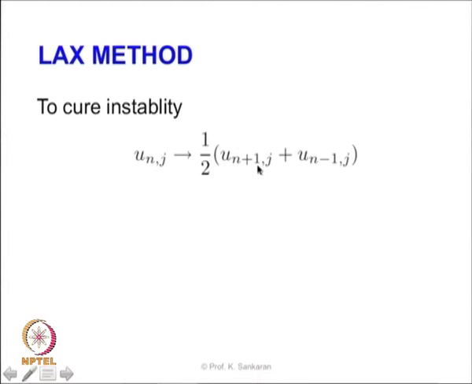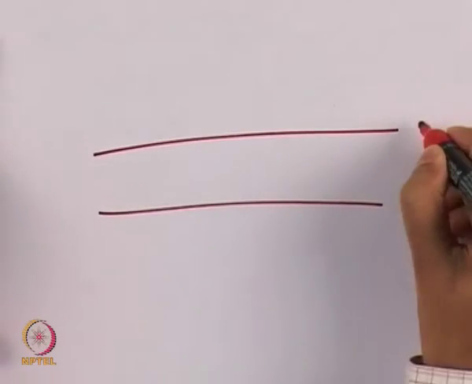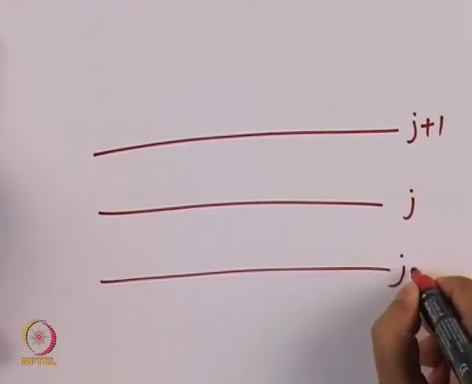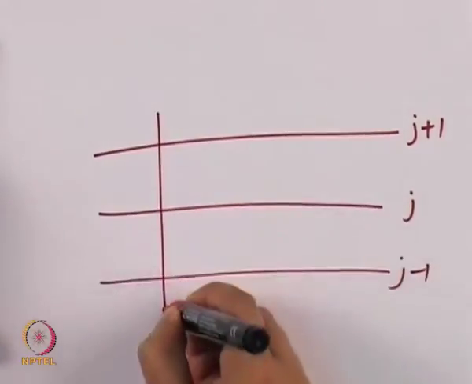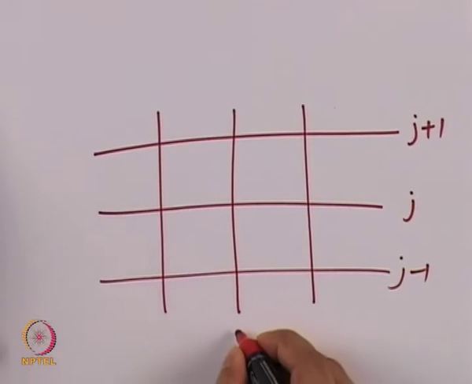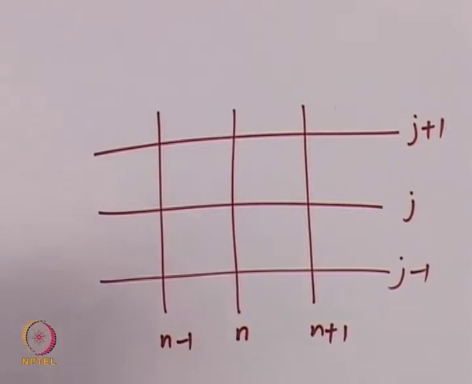Remember, our stencil is going to look like this: j, j plus 1, j minus 1, and n, n plus 1 and n minus 1.